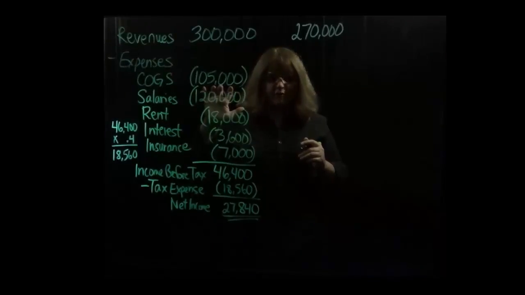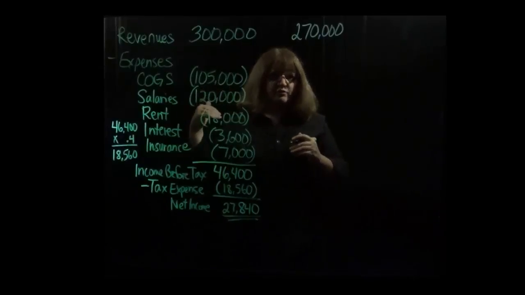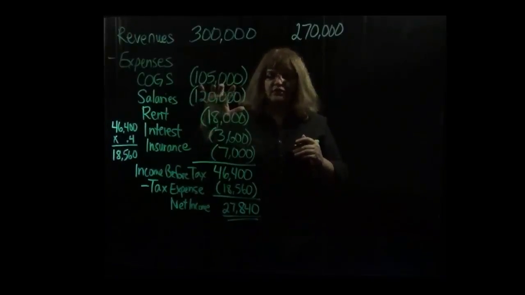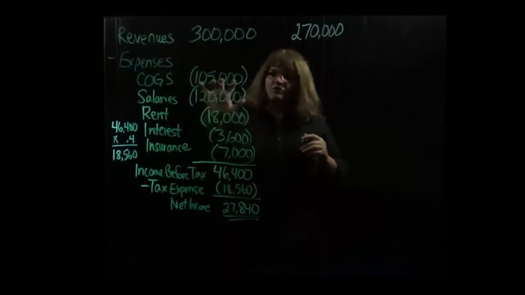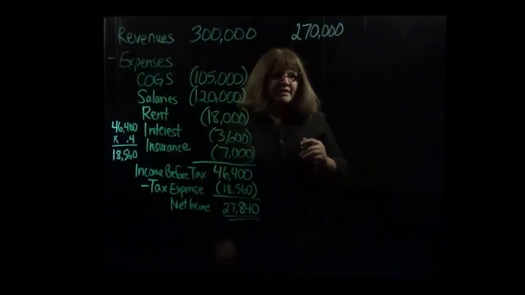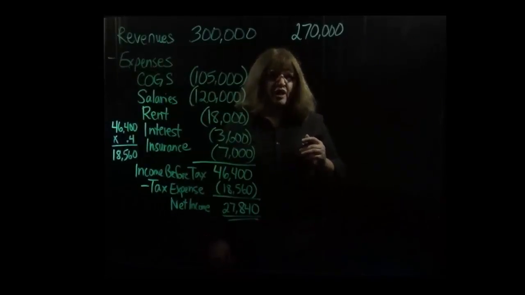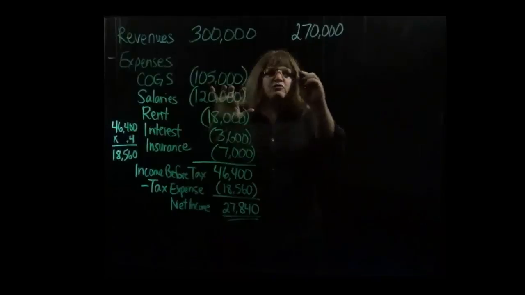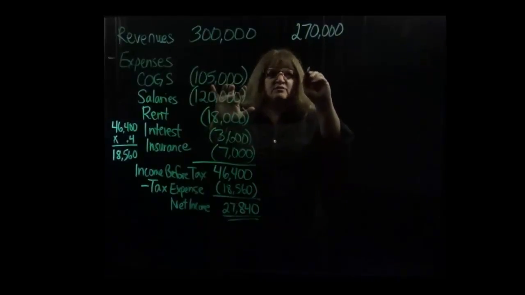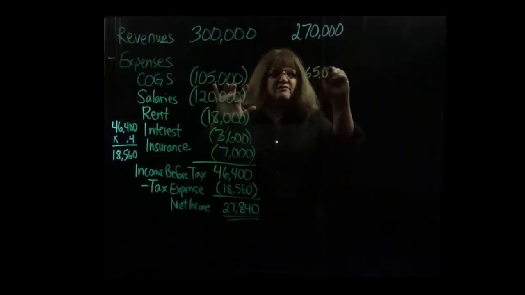This was the first year of operations. We purchased $105,000 and we ended with zero in our inventory, and that's why the cost of goods sold was $105,000. Of those purchases, we didn't pay yet for $40,000 of them, so we still owe the vendors $40,000. That means that the cash outflow from these purchases that we made was $65,000.